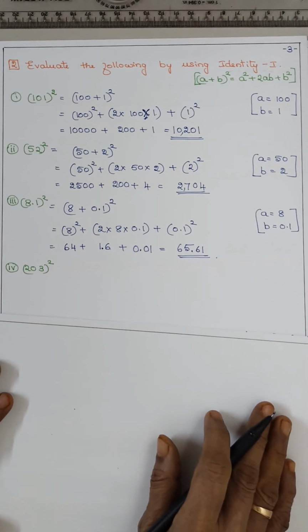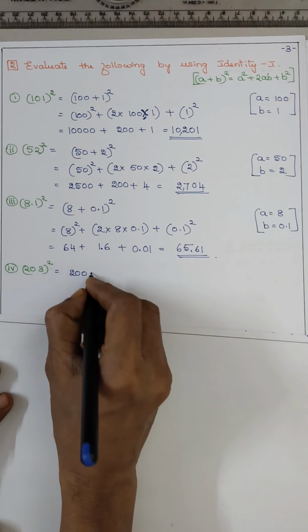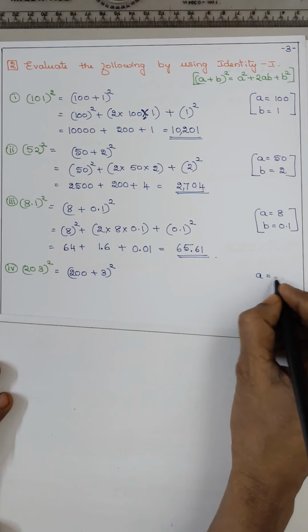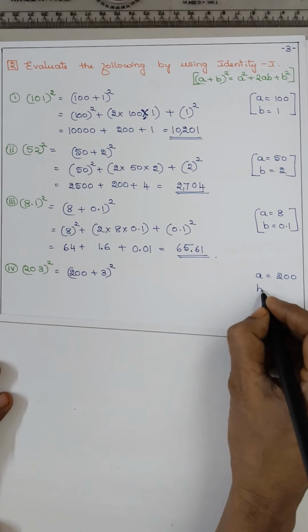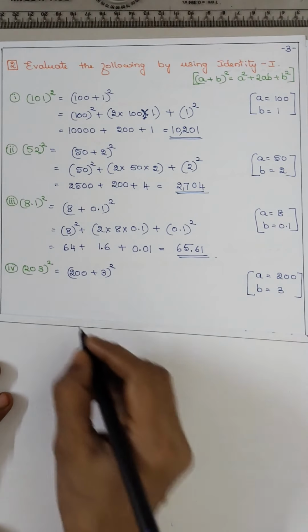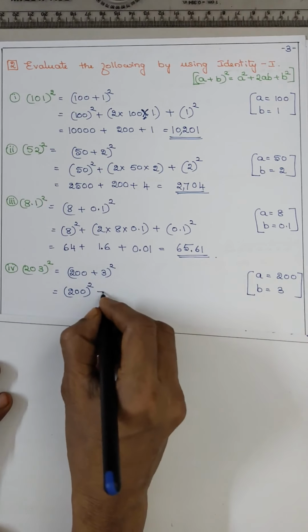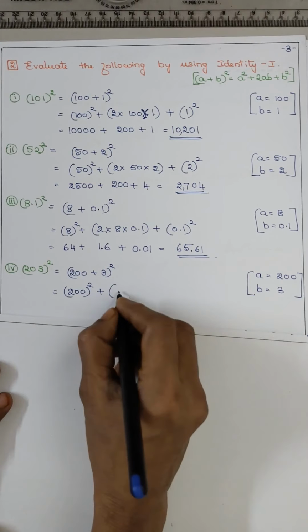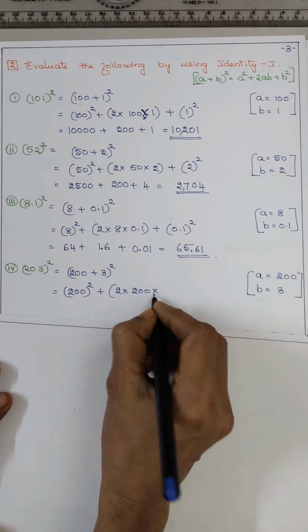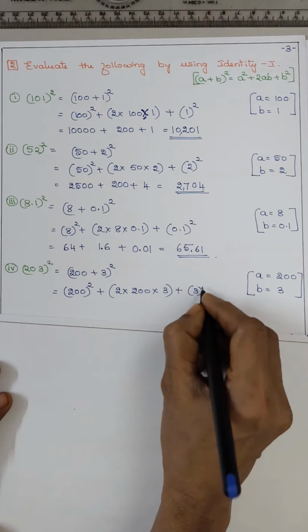Now coming to the fourth sum, 203 the whole square. 200 plus 3 the whole square. A is equal to 200, B is equal to 3. It will be 200 the whole square, that is A square, 2AB, 2 into A is 200, B is 3, now B squared, 3 square.